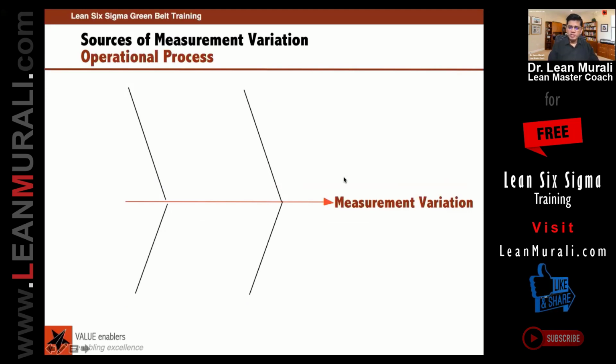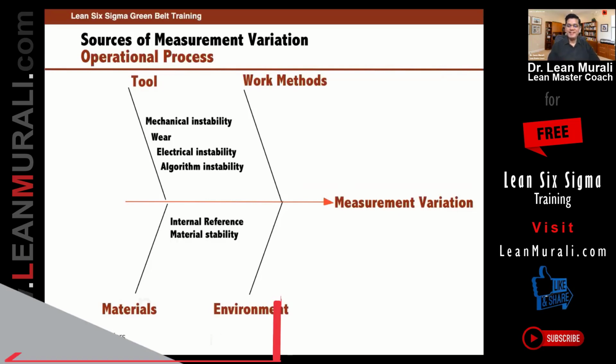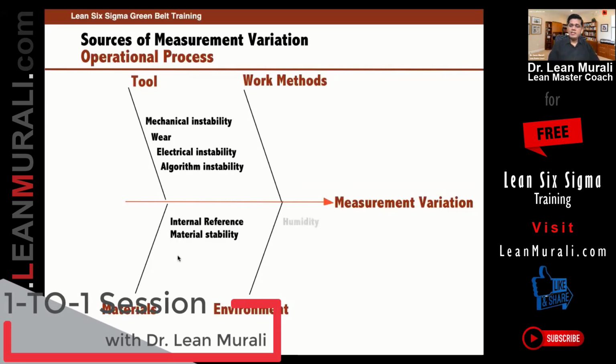In an operations process, it's very straightforward. The tool can cause the variation. Because of the tool, the materials, the environment, the work methods, the mechanical instability, the wear and tear, the electrical instability in some cases, maybe algorithmic instability, and so on and so forth.